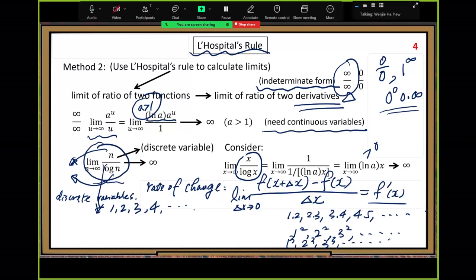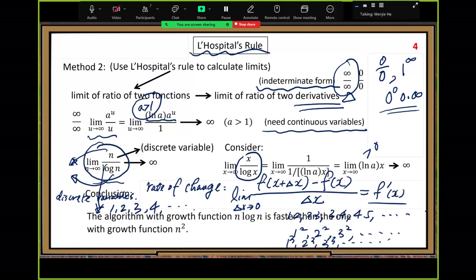All right. So we get this result. So the conclusion, after this comparison of the growth function of n log n: if the growth function grows slower, the algorithm will be faster, right?